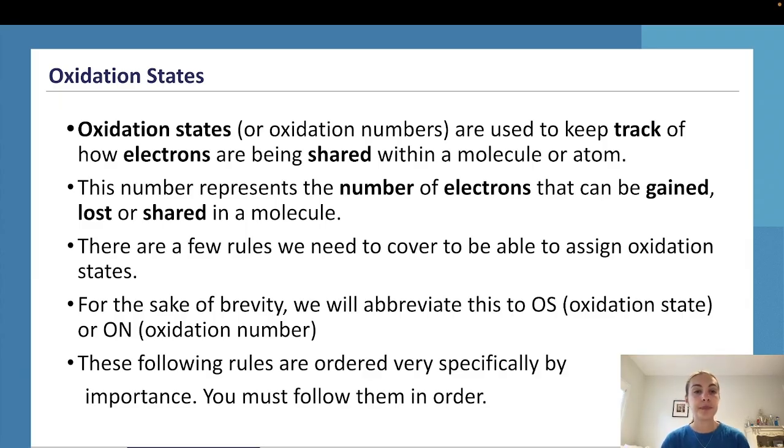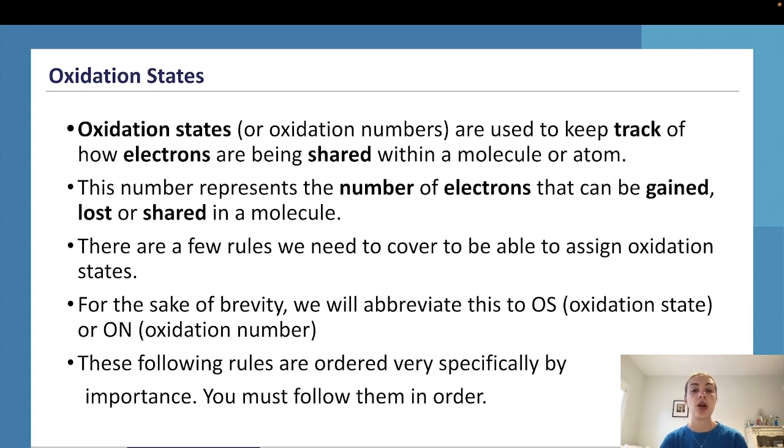Essentially, this number represents the number of electrons that can be gained, lost, or shared within a molecule.